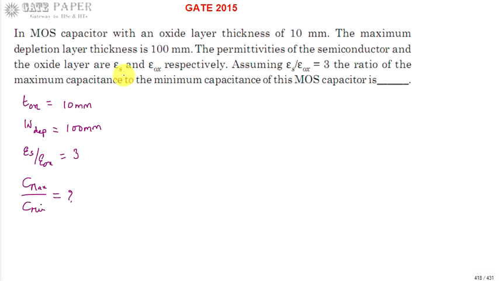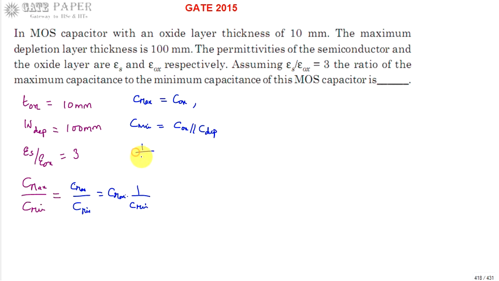So we have seen that C maximum is equal to COX, and C minimum is COX combined with C depletion.